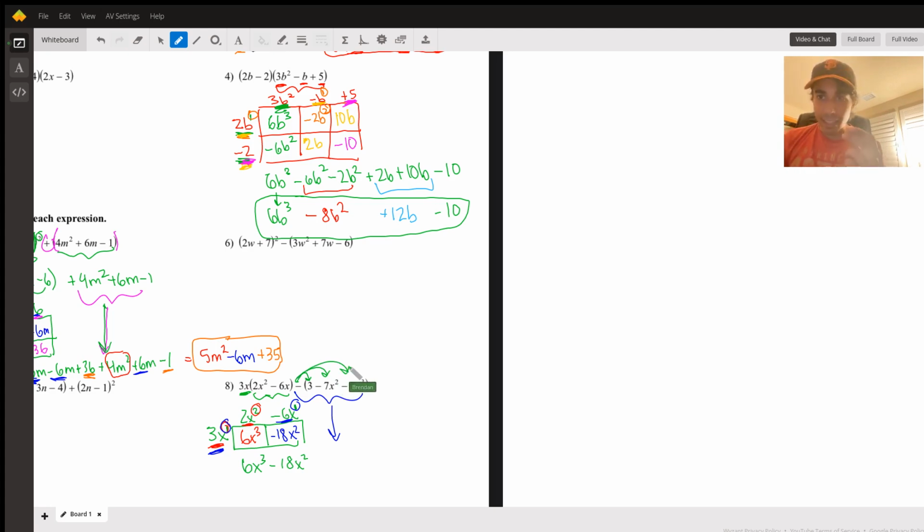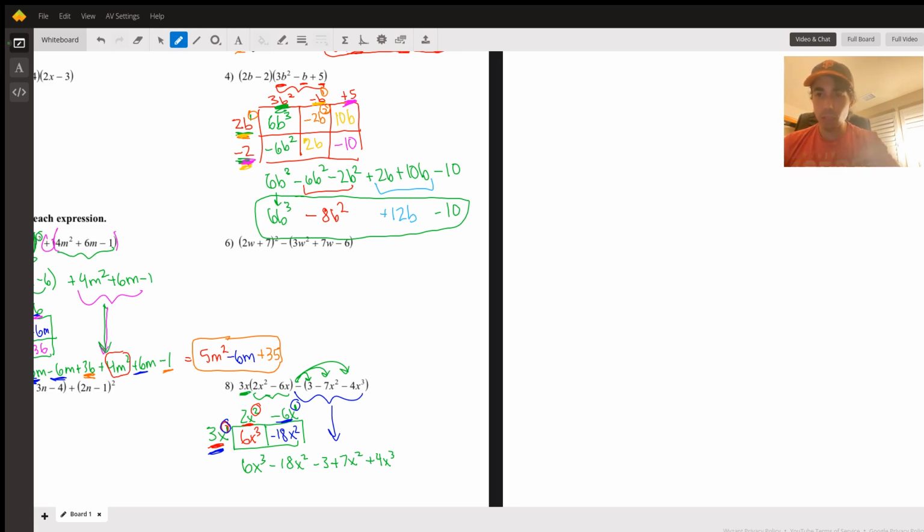So whenever there's a negative out in front of a set of parentheses, the shortcut you can think about is just change all the signs on the inside. So that 3 becomes a negative 3. The negative 7x squared becomes a positive 7x squared. And the negative 4x cubed becomes a positive 4x cubed. So whenever we're subtracting a whole polynomial, just switch all the signs on the inside and you'll be good to go.